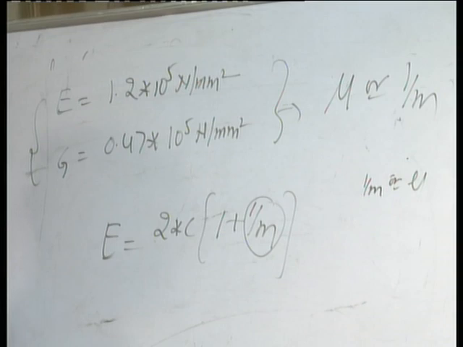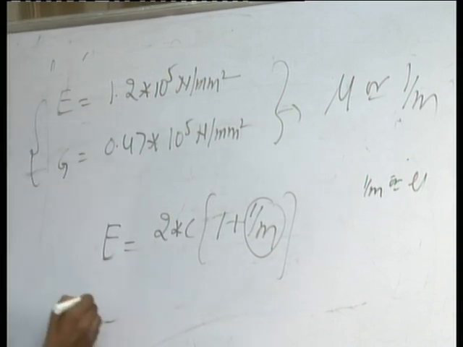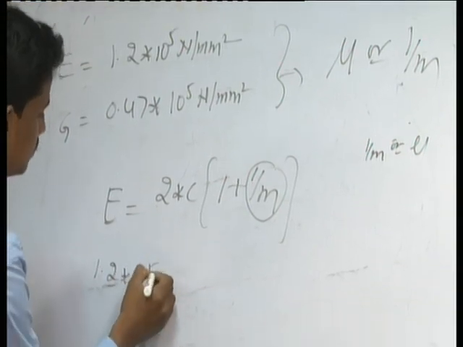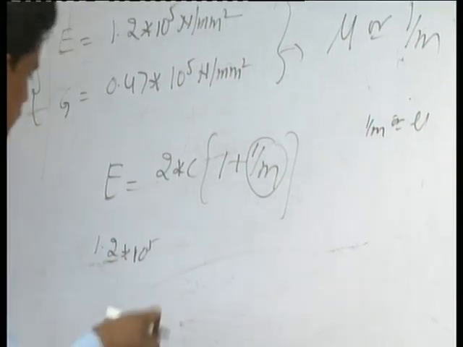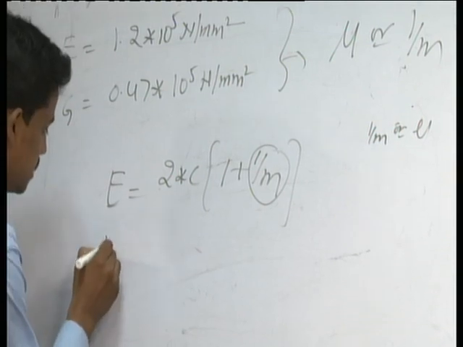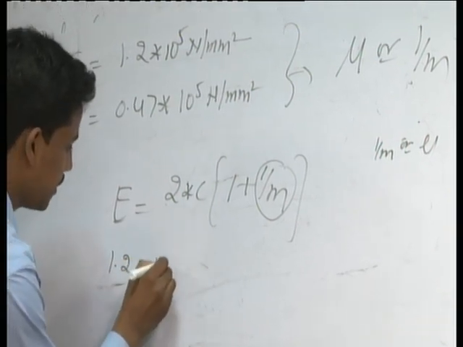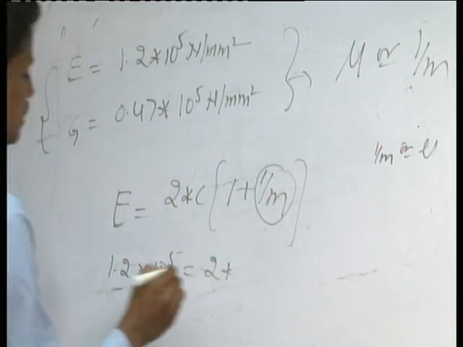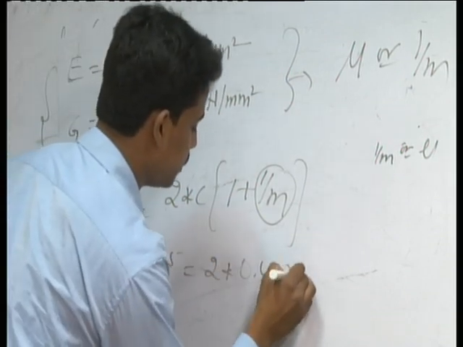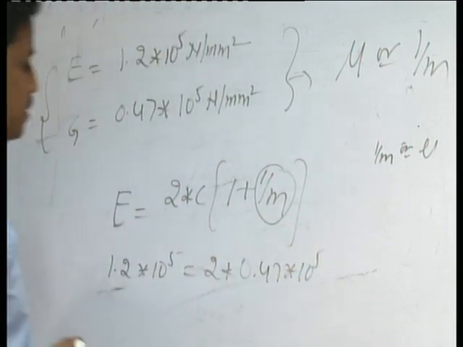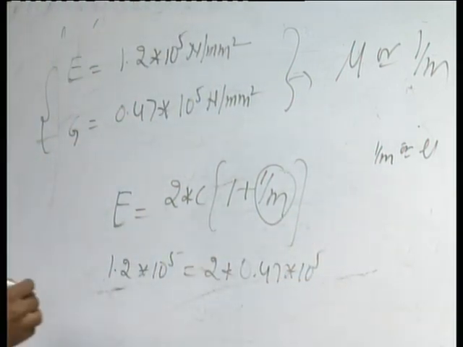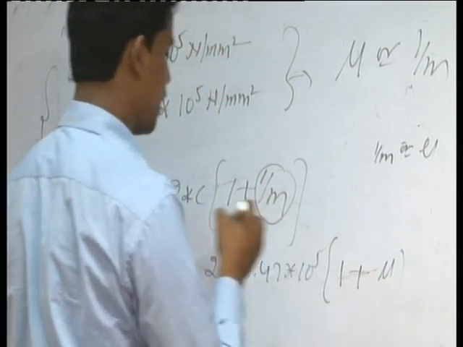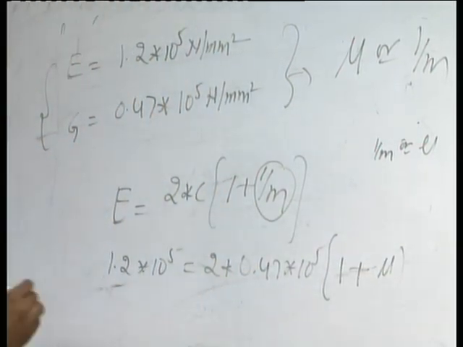In this expression, if you substitute the value of E, which is 1.2 into 10 to the power of 5, is equal to 2 into C, what is C? 0.47 into 10 to the power of 5, into (1 plus mu).